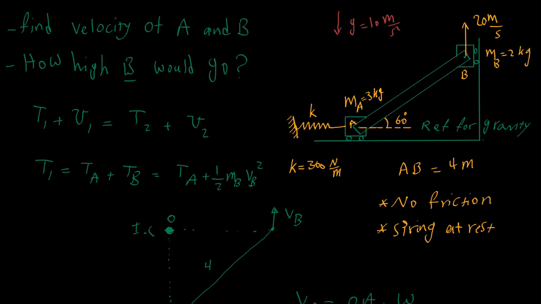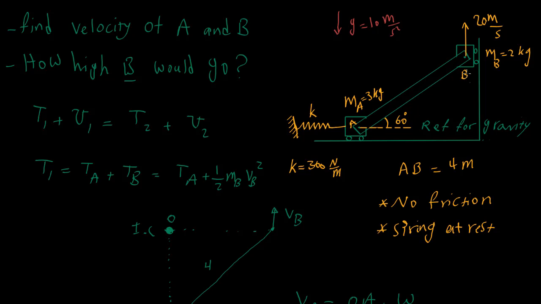When this moves to the right, the spring is going to be stretched, and we have to calculate how much this slider has moved to the right, and from that find the elongation of the spring.